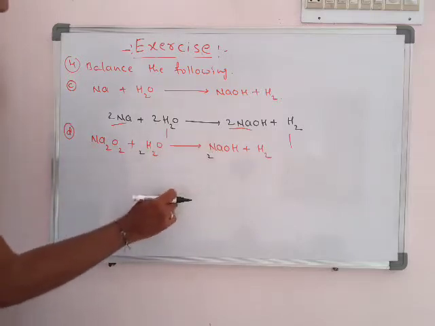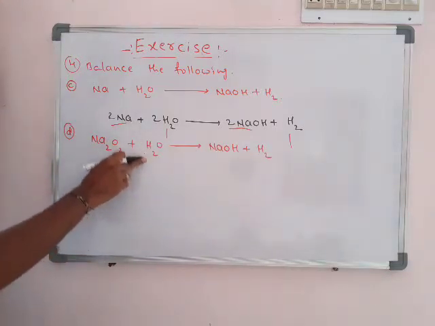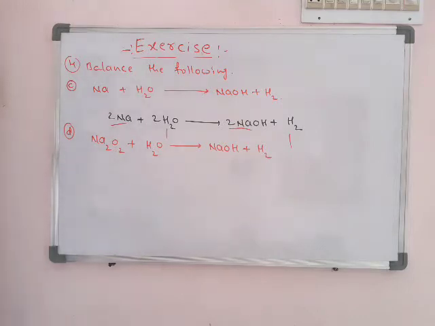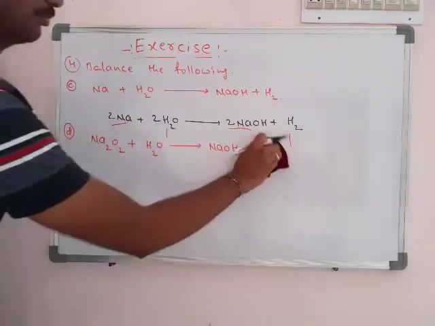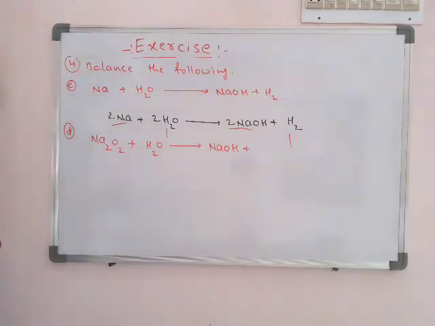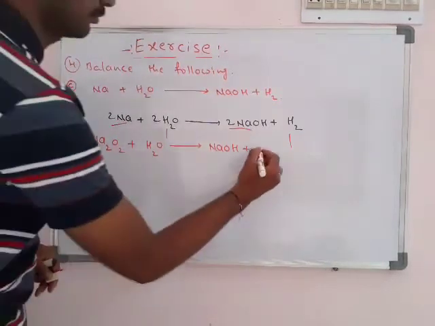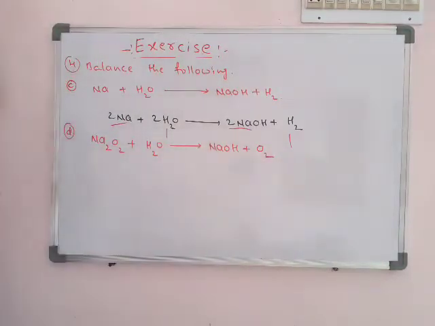Here only 2 oxygens. So it is not like that. So the equation is also correct. Sorry. In that equation it is given NaOH plus O2. Okay. The question was wrong.